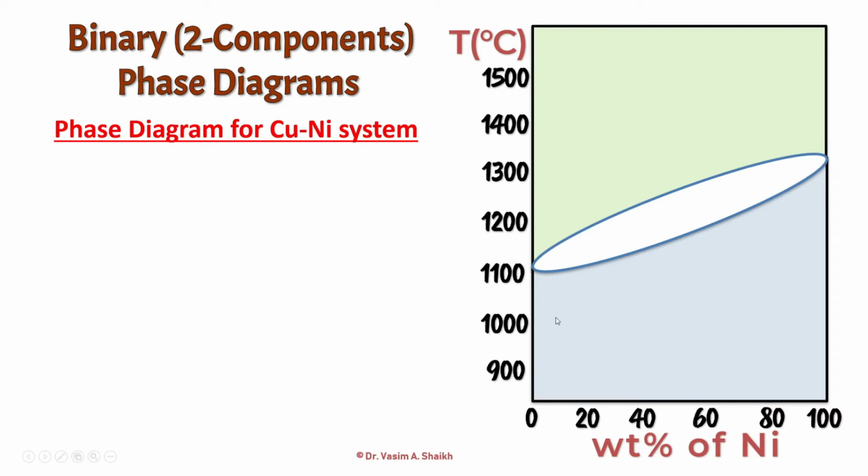You can imagine from 900 to 0 the phase is the same. We'll discuss the different phases on this phase diagram. It is going from 900, 1000, 1100, 1200, 1300, 1400 and 1500, and this is temperature in degree Celsius. Degree C is Celsius or centigrade.